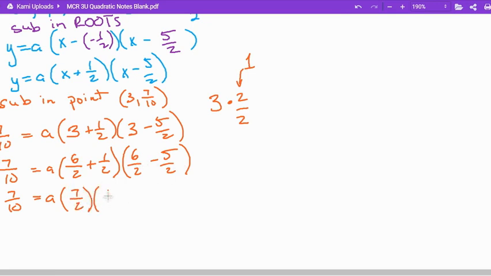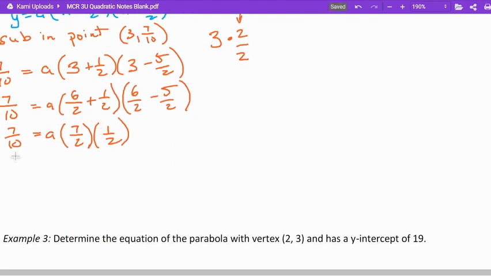6 minus 5 is 1/2. Now when we multiply the numerators, we multiply the denominators. How do I divide by a fraction, Miss Lai?